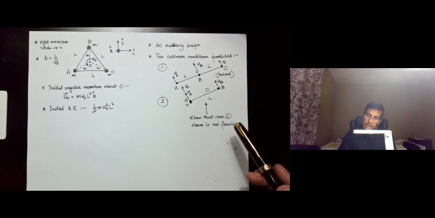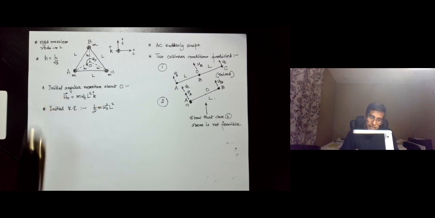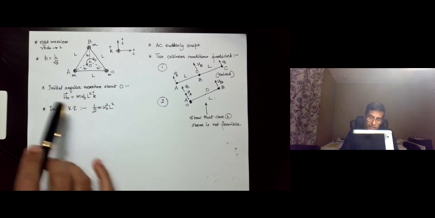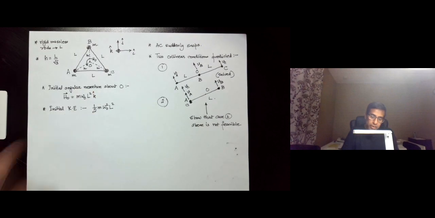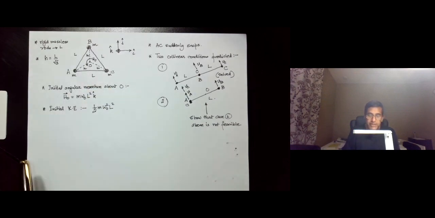Now before we solve this problem, we need to recap a couple of things. One is that the angular momentum of the system is going to be conserved, and the initial angular momentum of these three particles is given by this expression. We had derived it in the previous video.